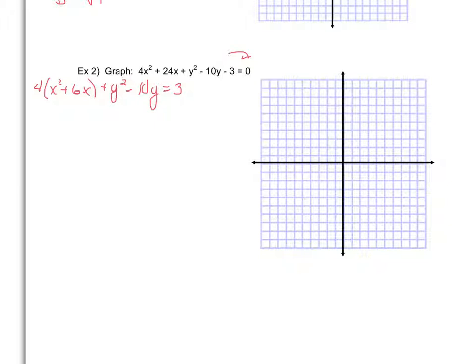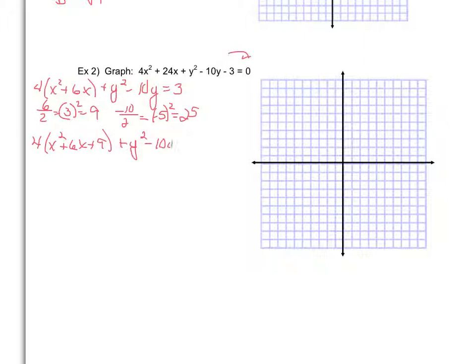I'm going to take my linear term, divide by 2, and square that result so I can add that to each side. I'm going to do that for both variables, giving me 4 times (x squared plus 6x plus 9) plus (y squared minus 10y plus 25) equals 3.